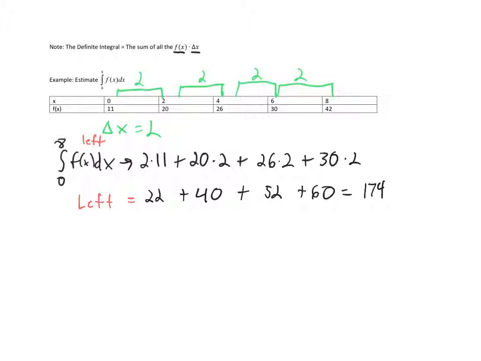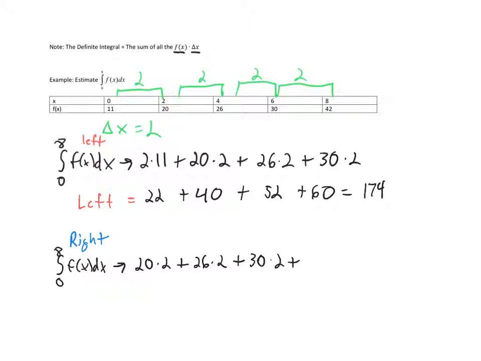And so if we're trying to estimate the exact value, we're also going to look at the right-hand sums. So from 0 to 8 of f of x dx, now what I'm going to guess is over all those intervals, the function is actually at the right-hand point. So from 0 to 2, we're going to assume the height is 20. So 20 times 2. From 2 to 4, we're going to assume the height is 26. From 4 to 6, we're going to assume the height is 30.